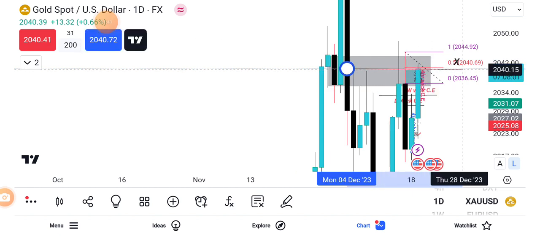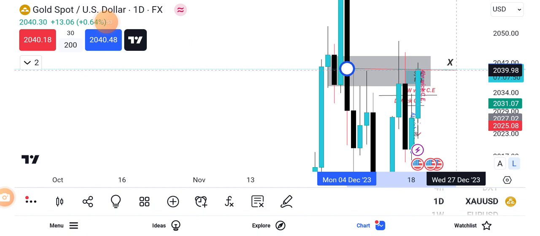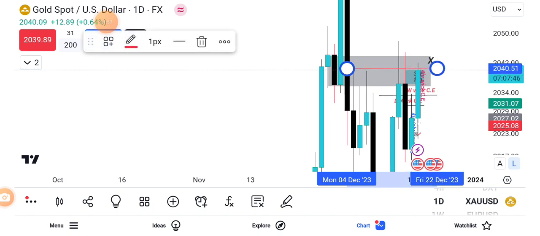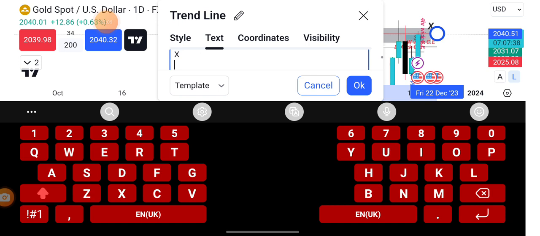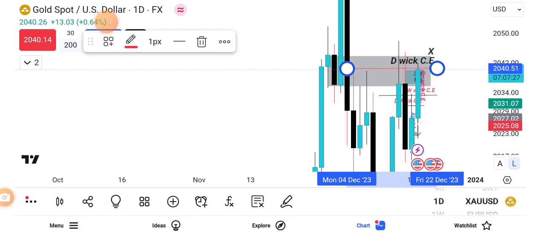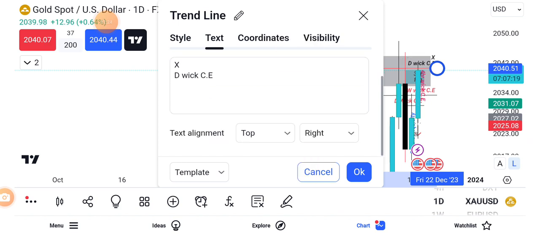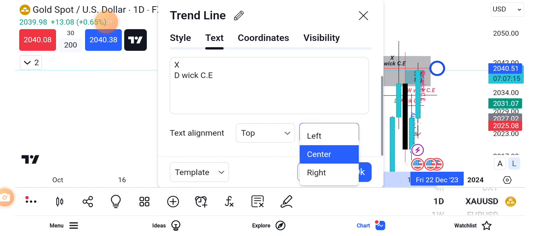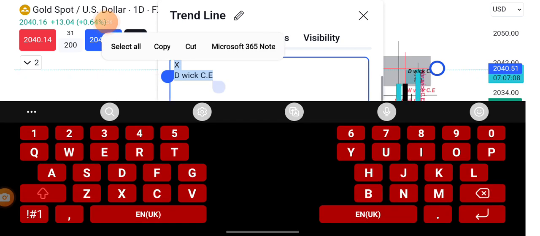So this liquidity, you should extend it, and also have it labeled as the daily week constant encroachment also. Let me clear.